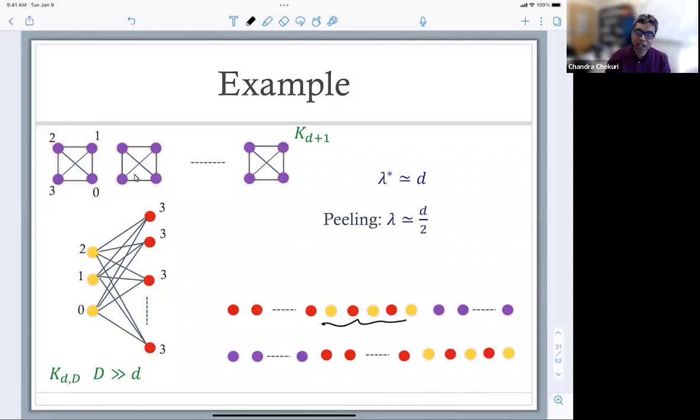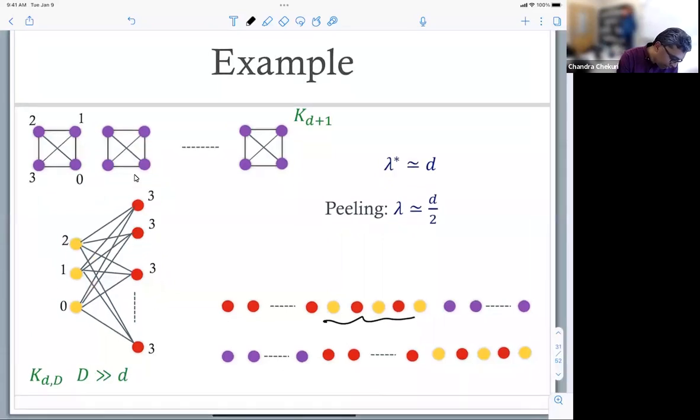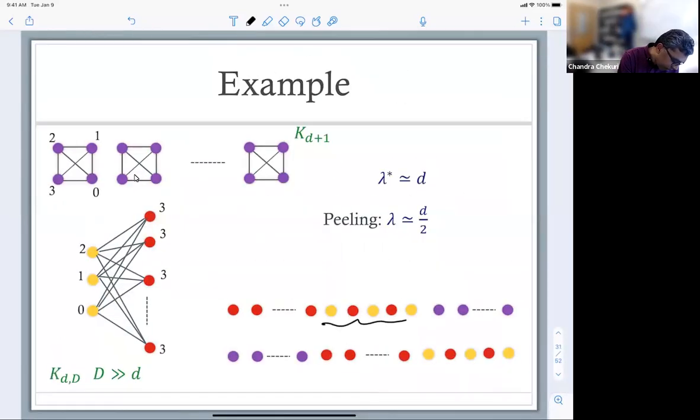But what about the new algorithm? What did the new algorithm do? In the first iteration, it behaves exactly like the standard greedy algorithm because the loads were 0. But when we did the first iteration, we keep track of the load induced on the vertices during the peeling. So what is the load of the red vertex when I peeled it? I assign all these edges to this vertex, so the load of this vertex is 3.